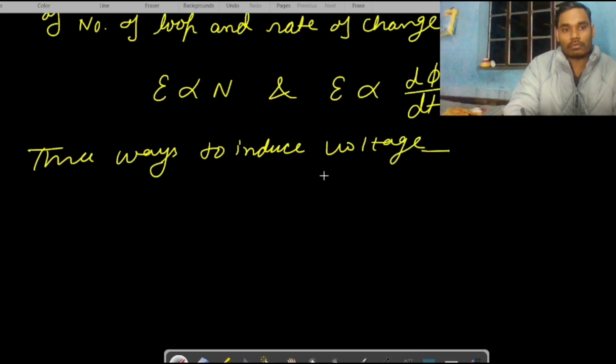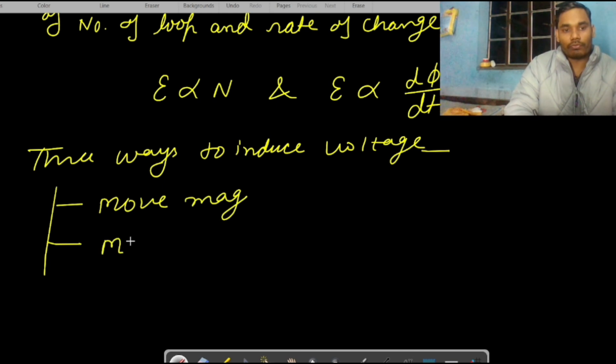So the first way is to move the magnet. The other way is to move your loop of wire.